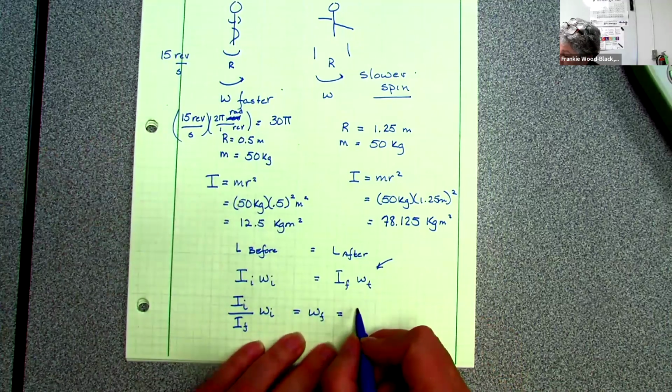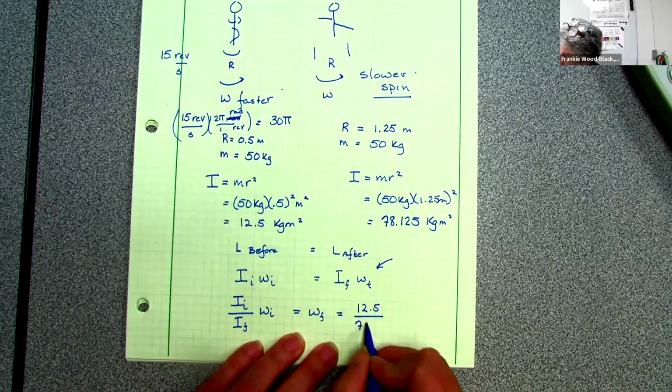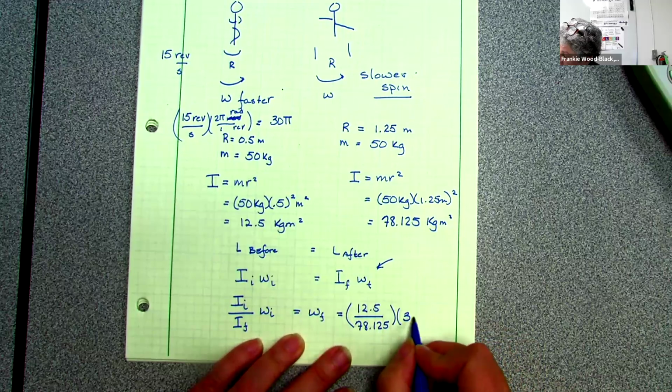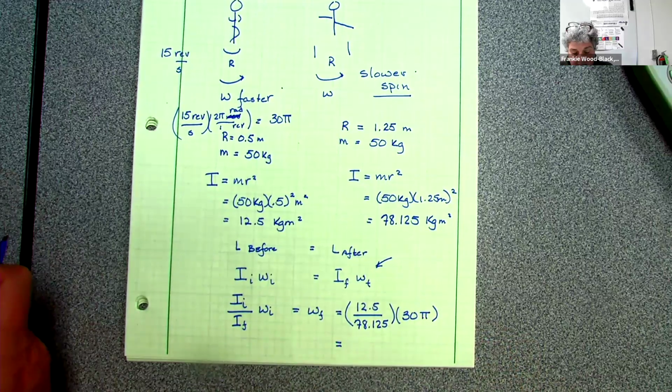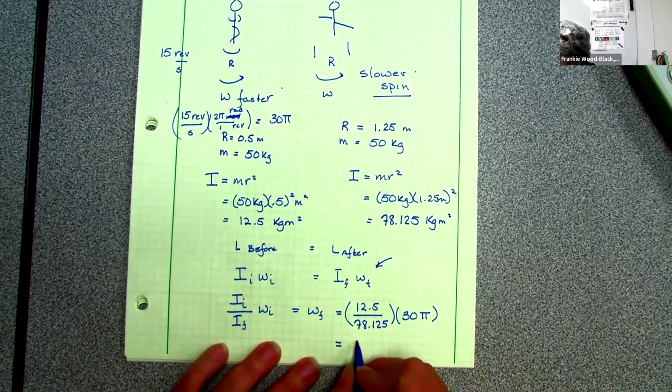My initial I was 12.5, my final one is 78.125, and omega initial is 30 pi. That gives me 4.8 pi.